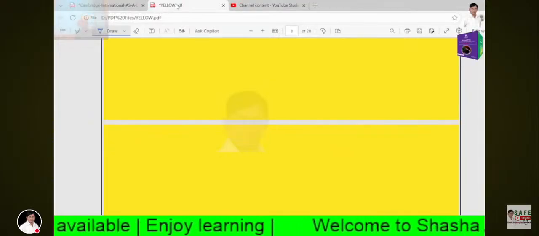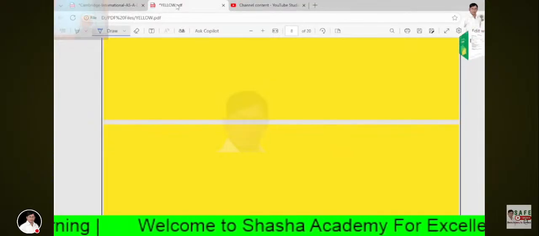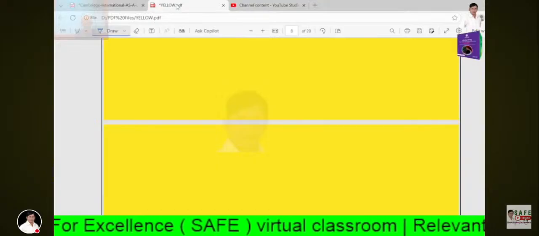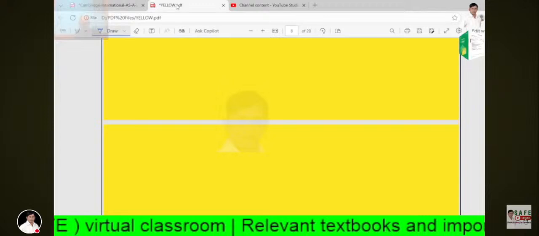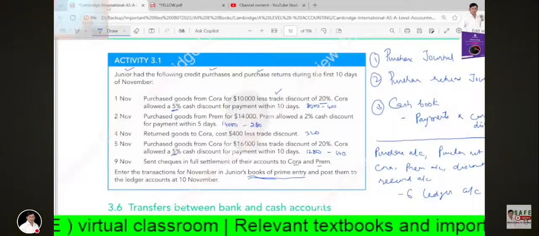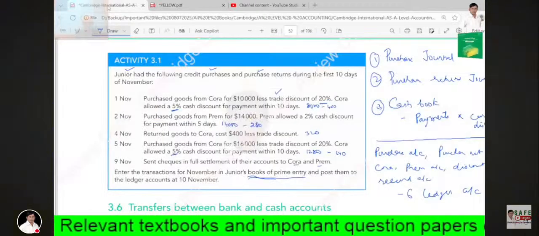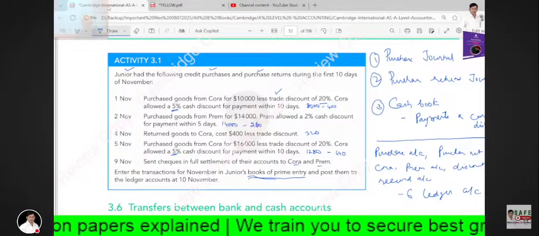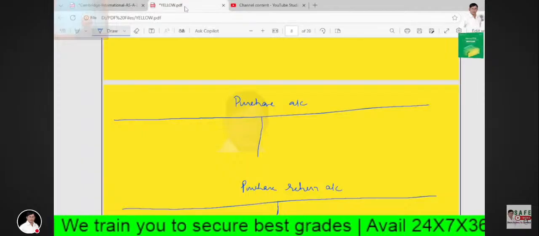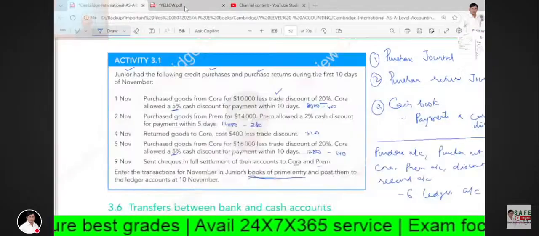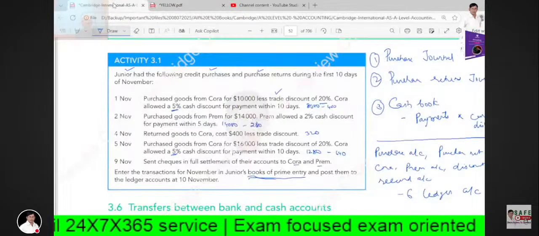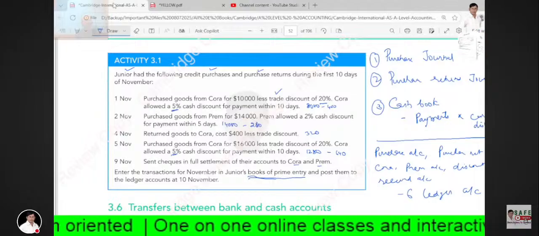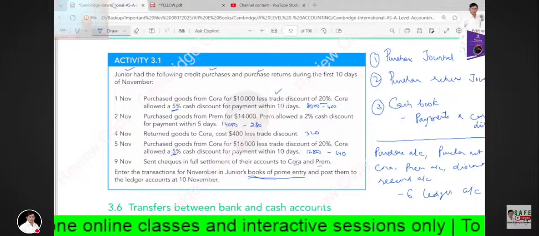So what are the various ledger accounts we need to prepare? Purchase account is the first. We have to post all the transactions at 10th November.